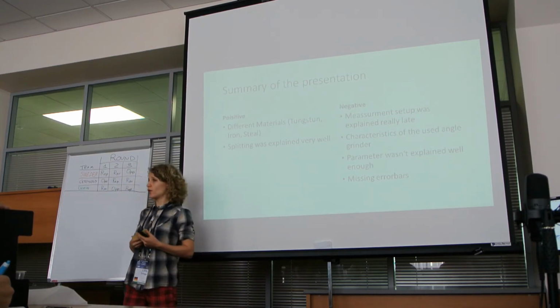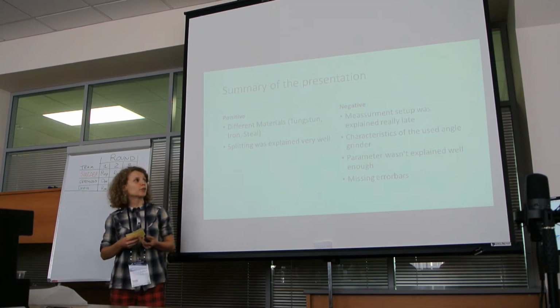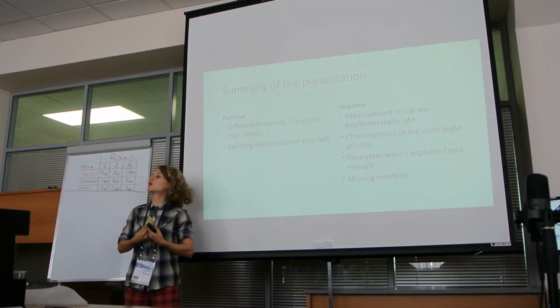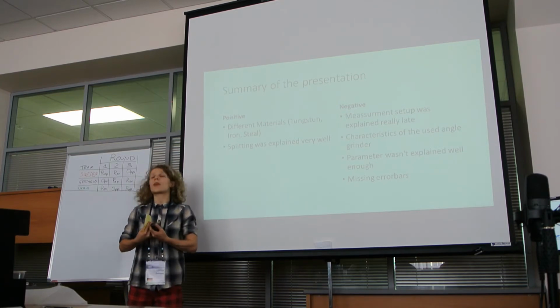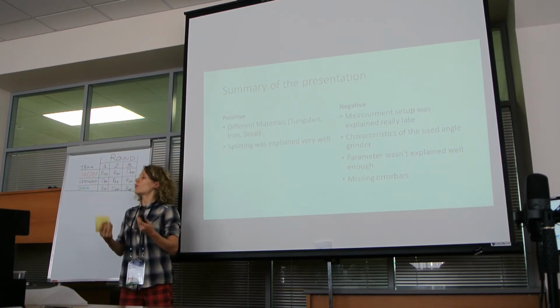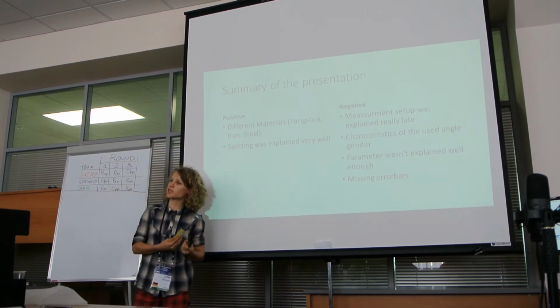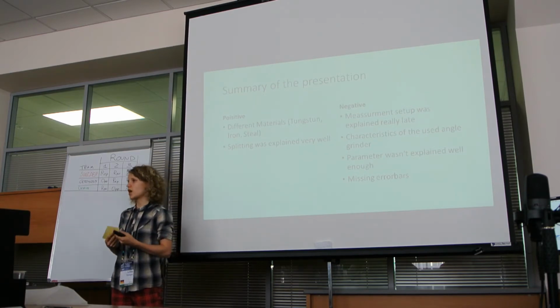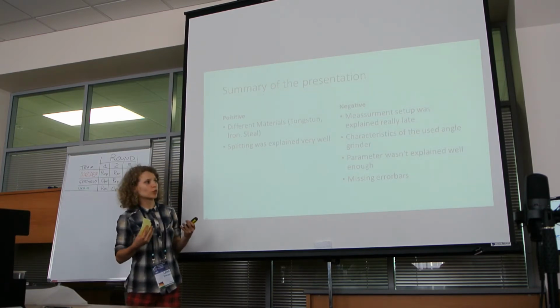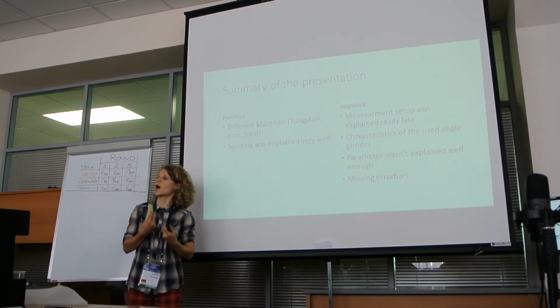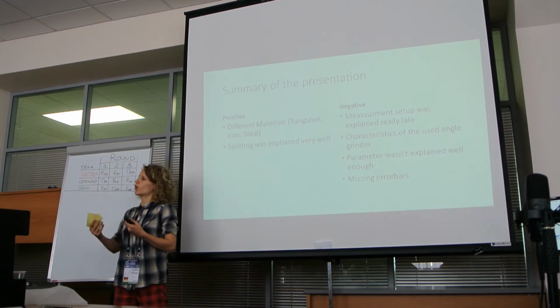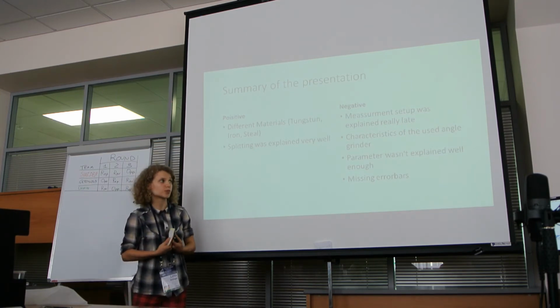We also missed error bars in your calculation, and maybe the biggest point that we were missing was, at the end, a comparison between your theory, your qualitative analysis, and your experiments. Also, we found out the different materials that you used in your experiments only after asking. It would have been nice to explain this beforehand.